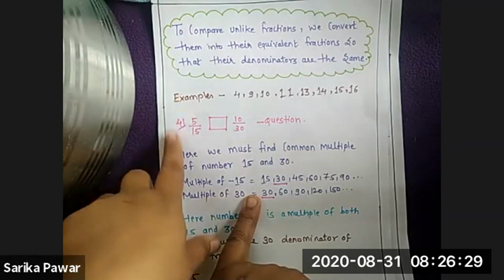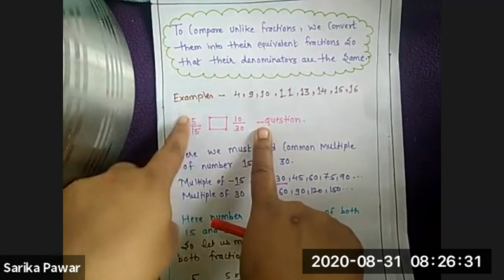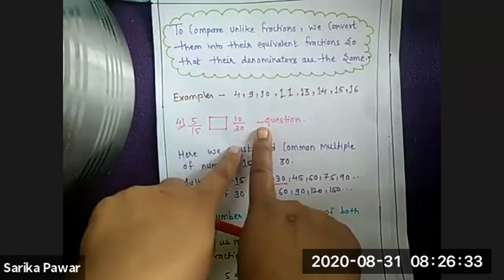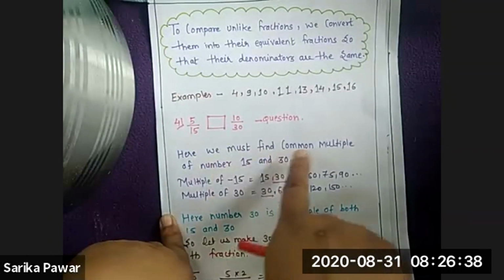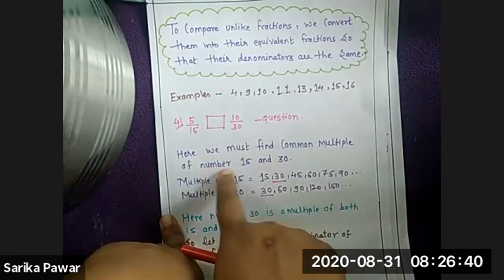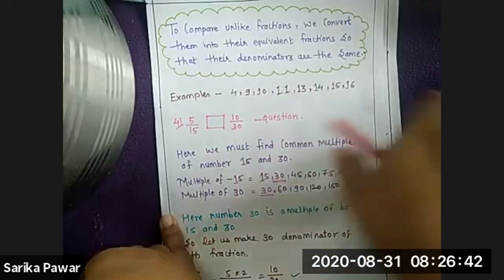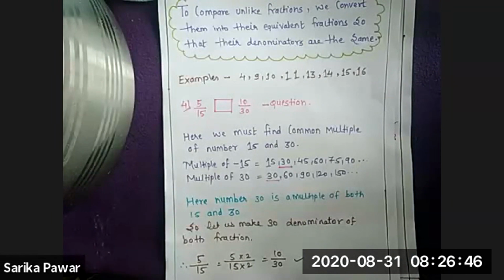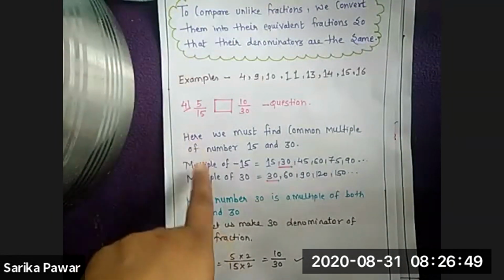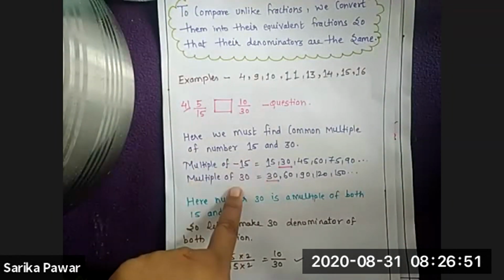Now see the fourth question, 5 upon 15 and 10 upon 30. Right? So here we must find the common multiple of the numbers 15 and 30. For that, we solved in problem set 18. So you remembered very well, I know. So the multiples of 15 and the multiples of 30.